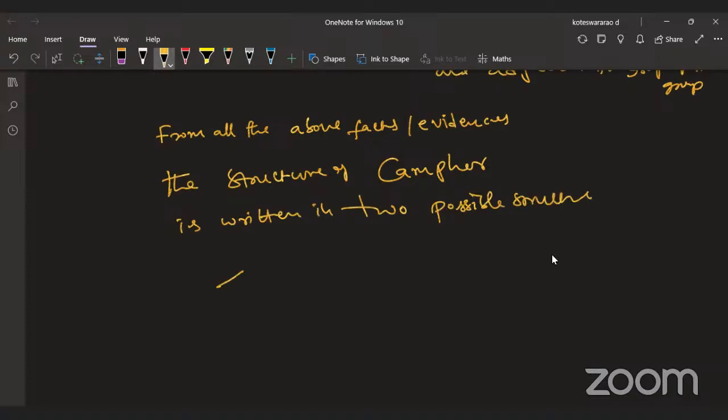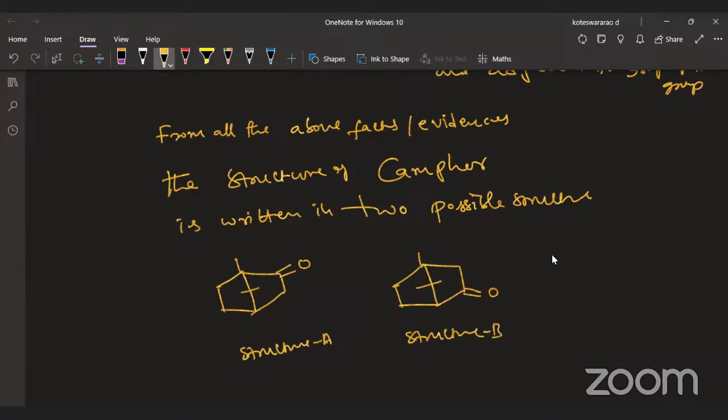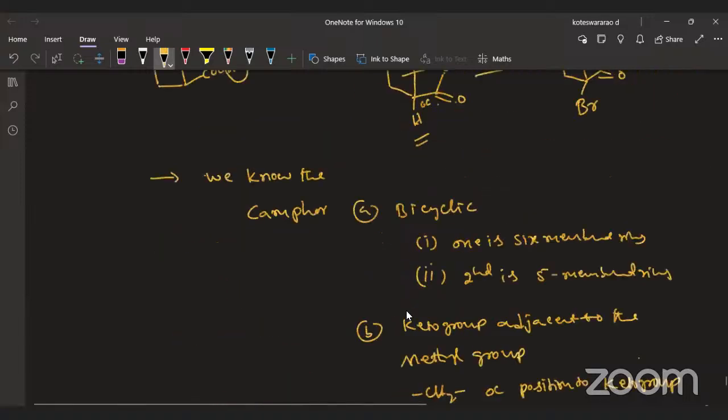The first one is this, structure A. And this is structure B. Structure A and structure B. Next, which one is satisfying the previous observations? Look here.